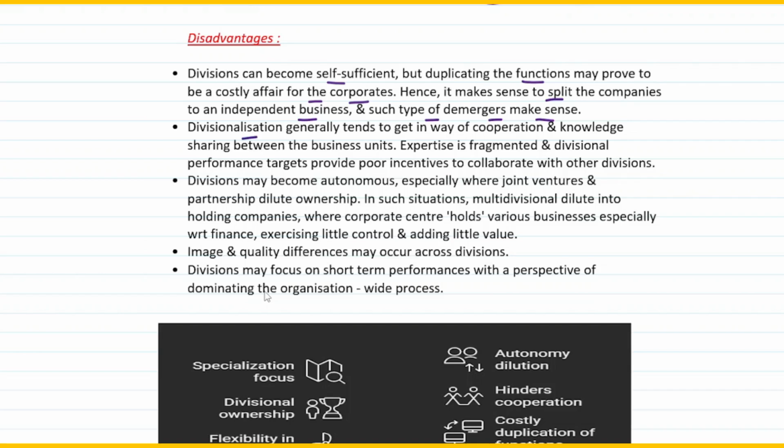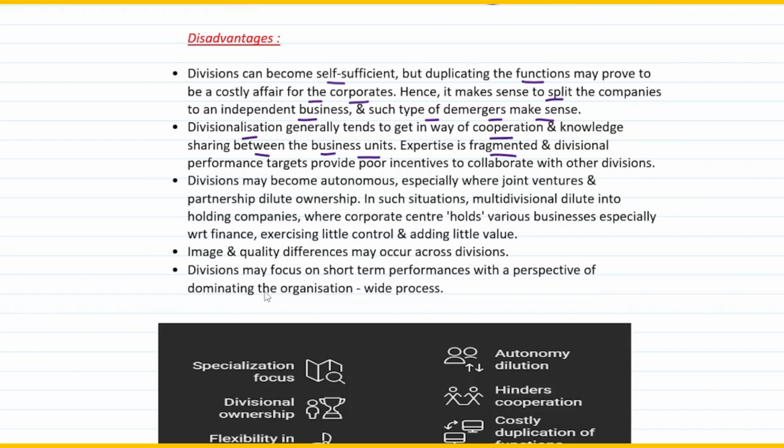Divisionalization, that is the splitting up of the divisions, generally tends to get in the way of cooperation and knowledge sharing between the business units, right? Division A is not likely to share its ideas or knowledge with the other division, because they can have a sense of competition. Expertise is fragmented.